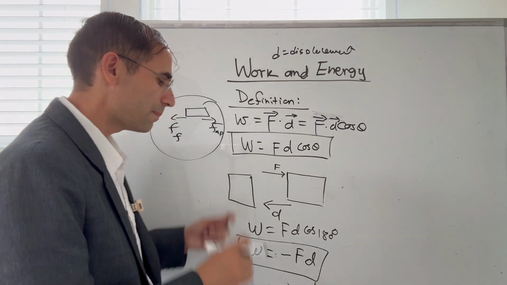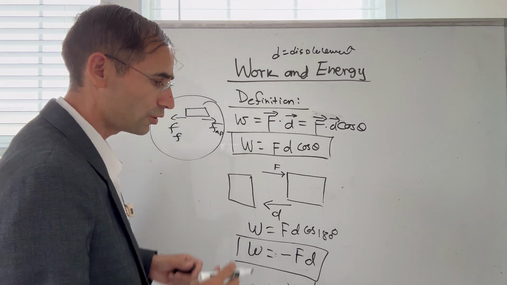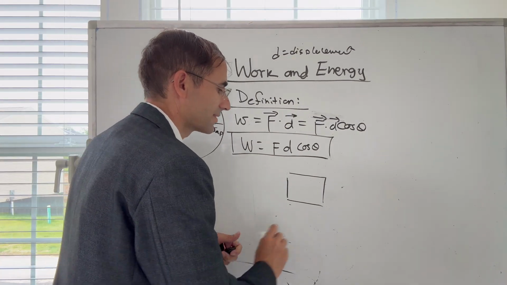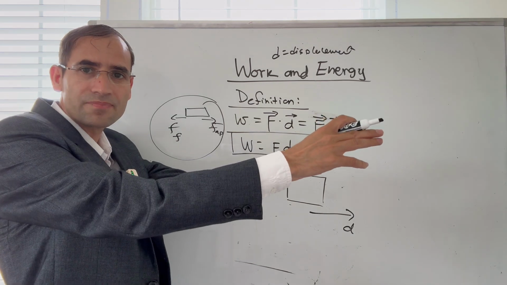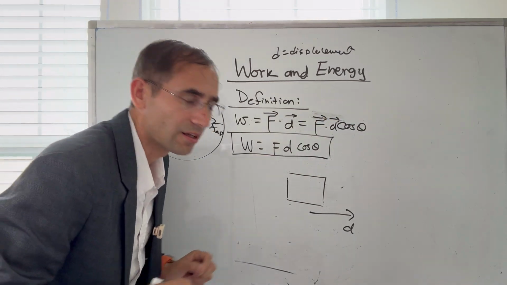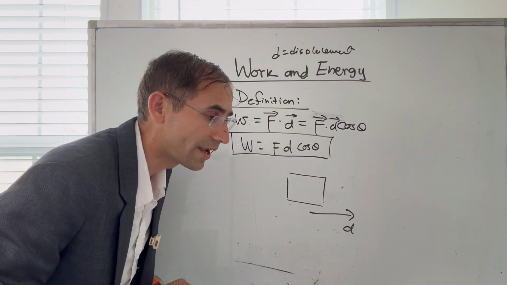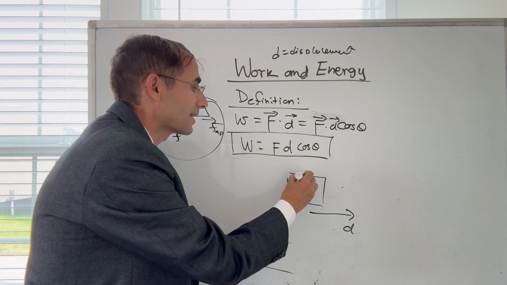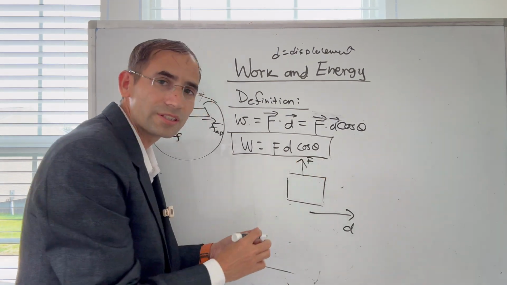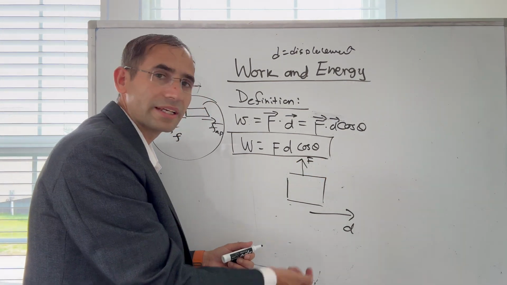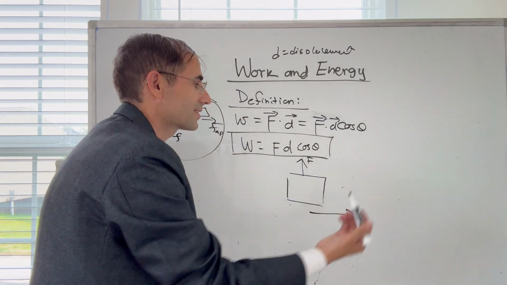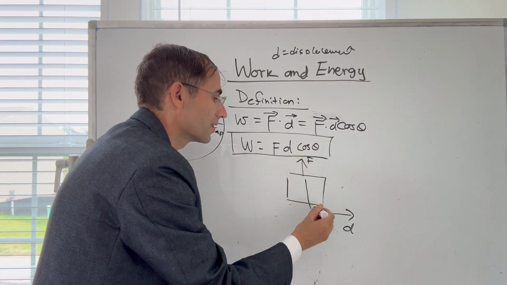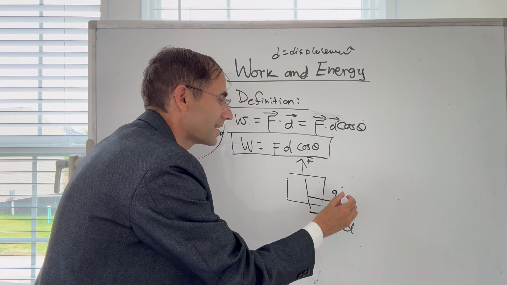But there will be another situation. Suppose a chair with wheels, a wheelchair, is moving in this direction, but you are applying the force in this direction. Your force is not sufficient, and it is not producing any vertical displacement. So displacement is in this direction, the force is in this direction, and the angle between displacement and force is 90 degrees.